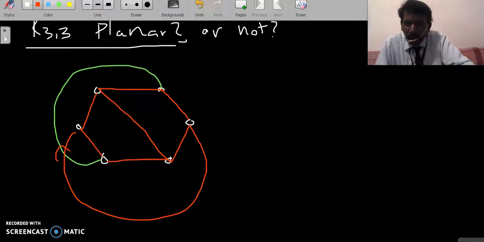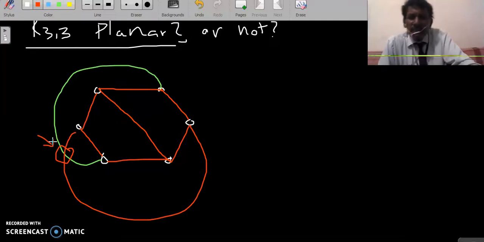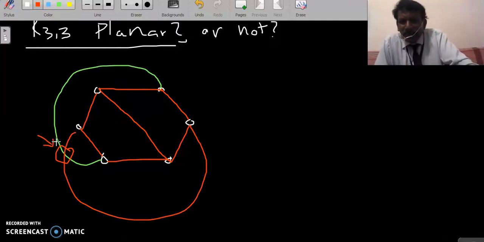Oh my god, again there is a problem here, the intersection takes place. So is K3,3 planar or not? It is not planar. Yes, it is non-planar.